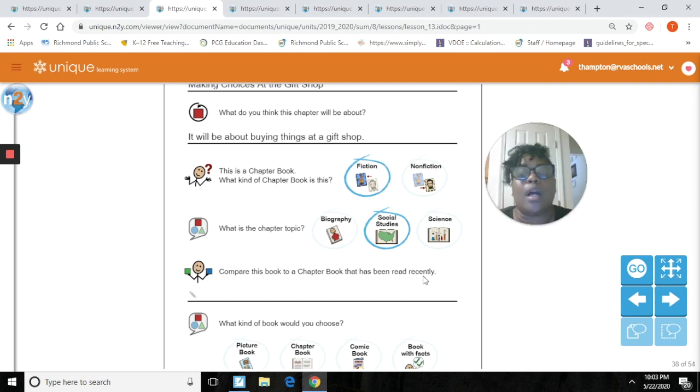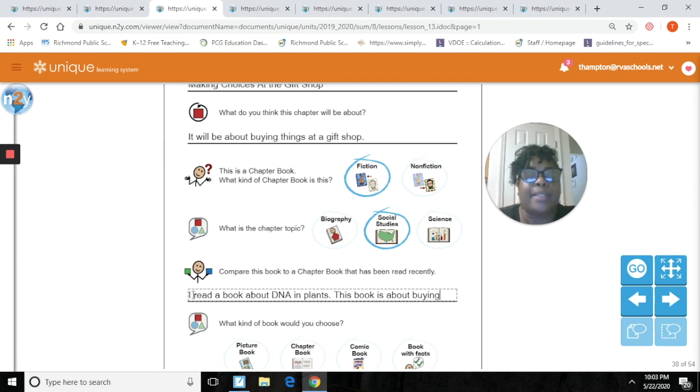Okay. All right. So I read a book about DNA in plants. Okay. This book is about buying, and it won't let me type any further.